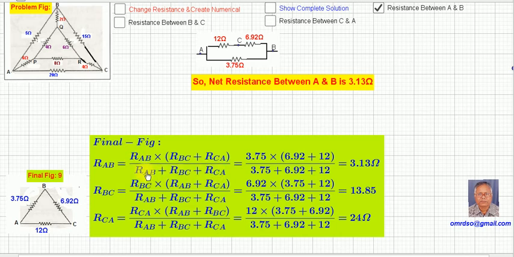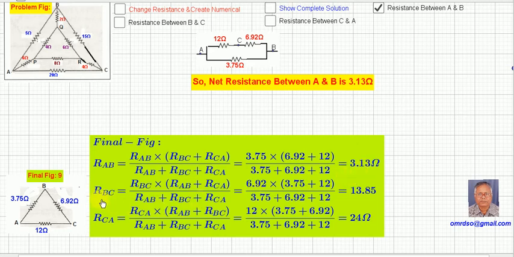The same formula I have used here to find the final resistance between A and B: 3.75 into (6.92 plus 12) upon 3.75 plus 6.92 plus 12. After solving all this, you will get 3.13.